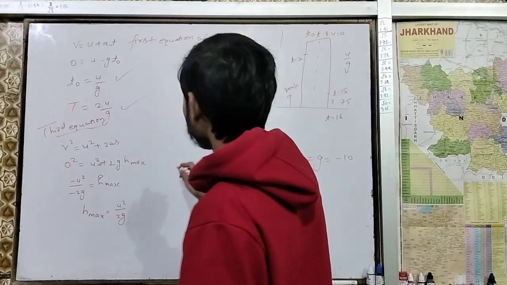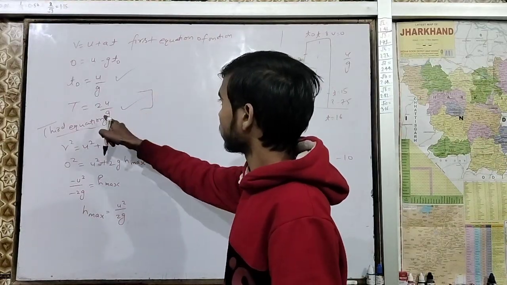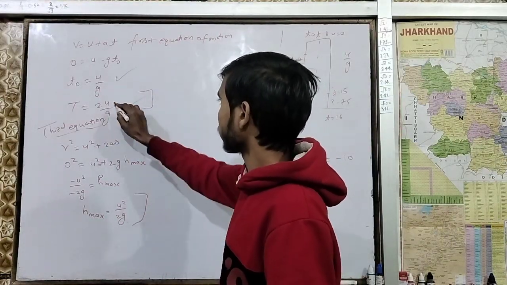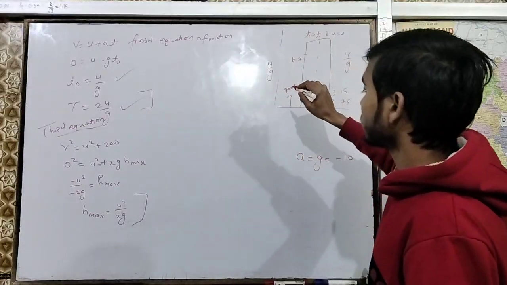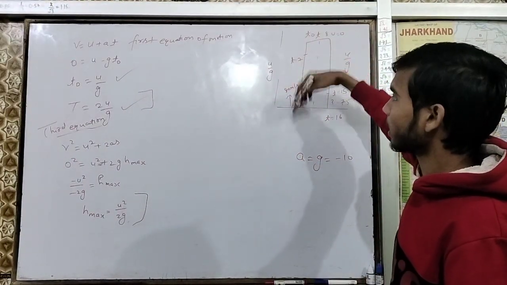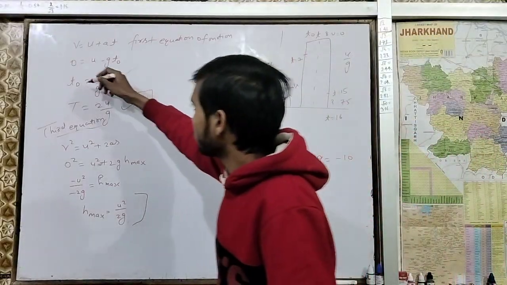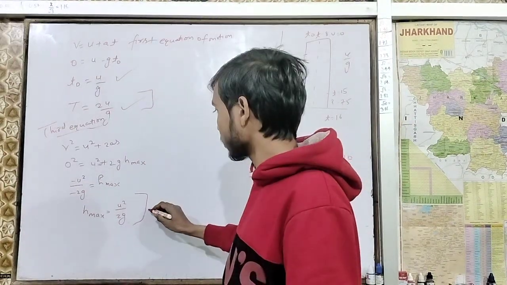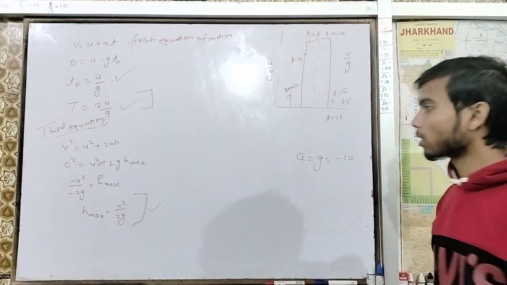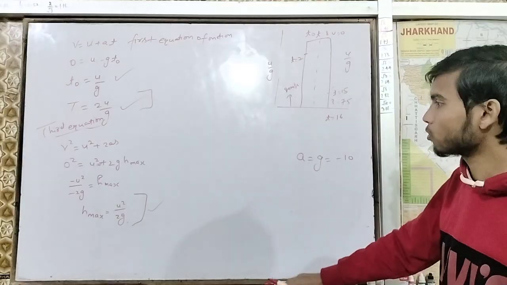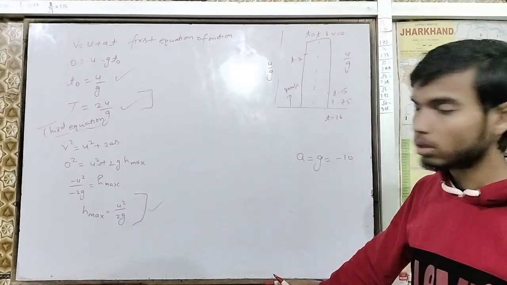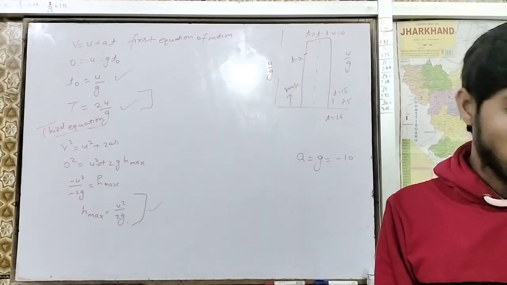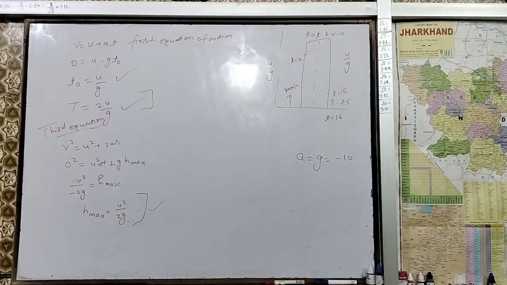From this part you got this one thing and this another thing. From this you can find the total time, and you can also find the initial velocity. From this you can calculate the total displacement upward, from the ground till where velocity becomes zero.